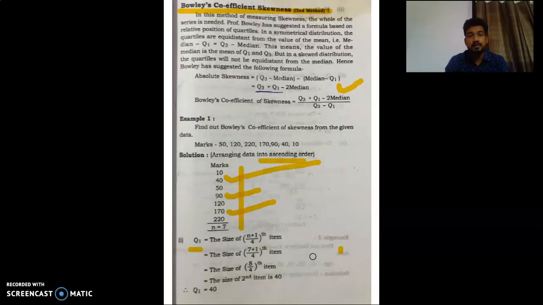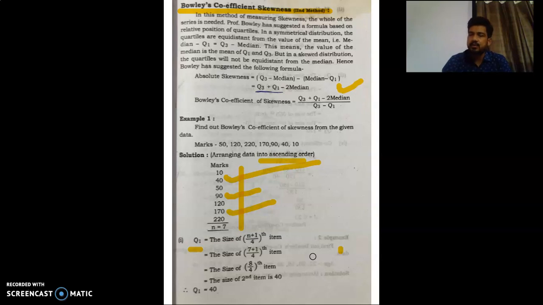I hope you understand Bowley's coefficient of skewness for individual series very well. Once again I am repeating the formula: Q3 plus Q1 minus 2 median divided by Q3 minus Q1.